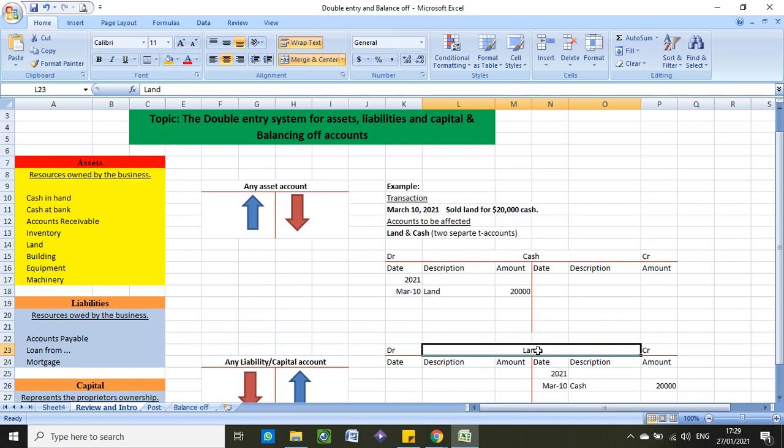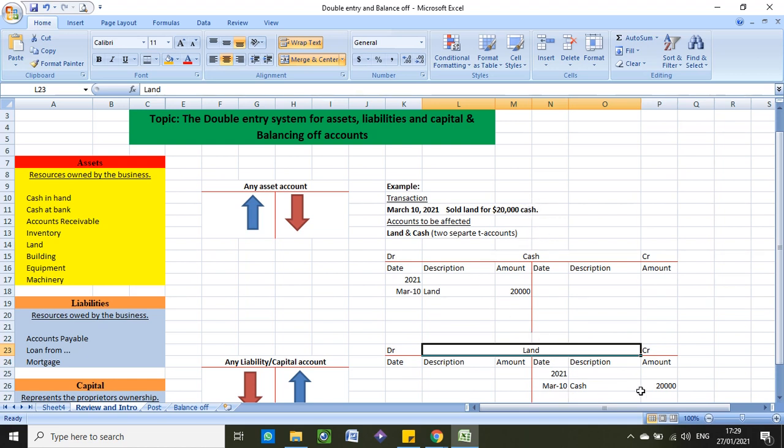And then here, on this account, on March 10th, which is the same date, we sold land in exchange for cash. How much? $20,000. This account is increasing, this account is decreasing. Both accounts are assets.